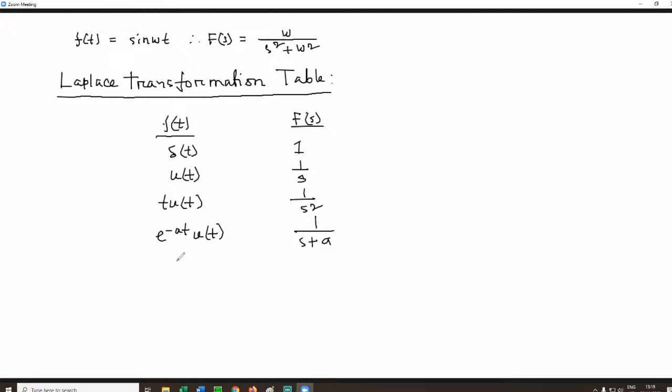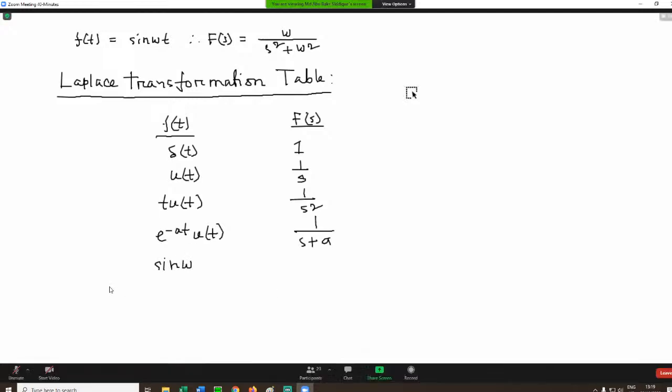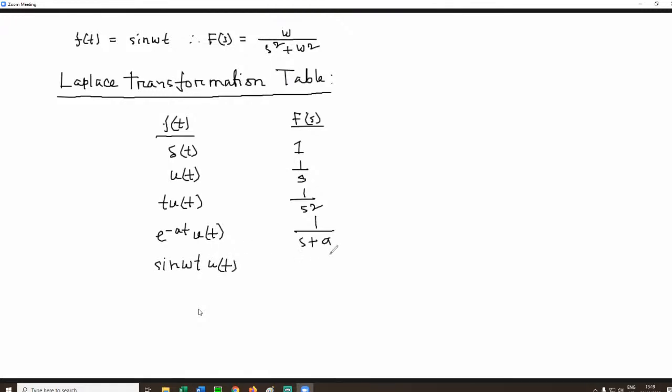And then sine omega t ut. We have already solved for sine omega t, right? Ut is a unit step function. Ut does not affect the function because the value of ut equals 1.